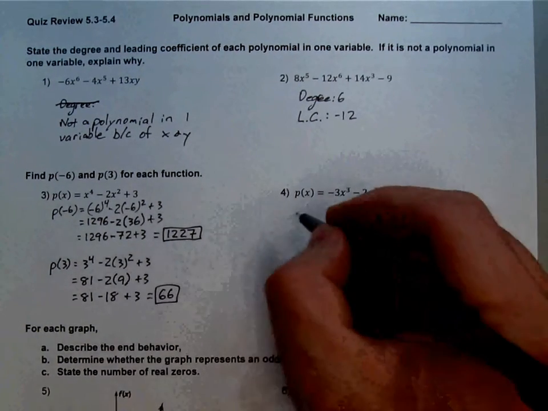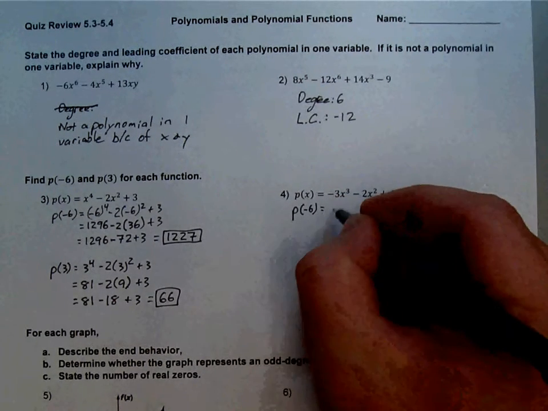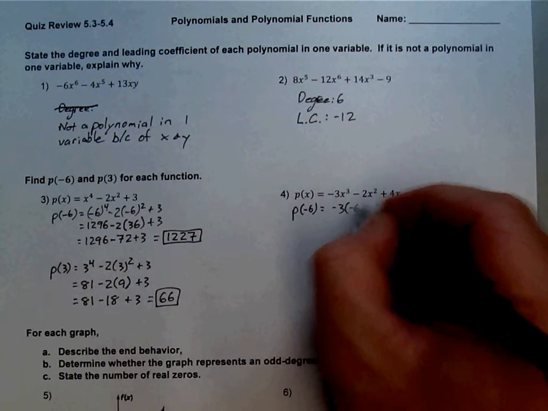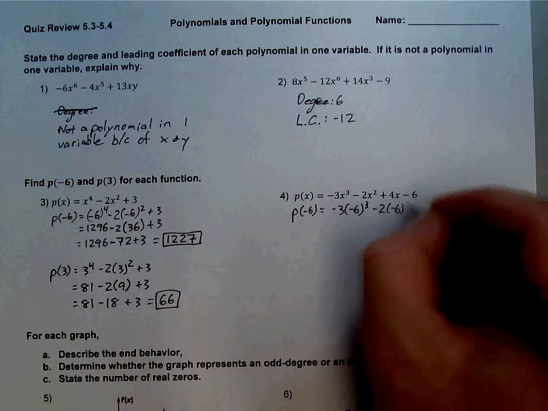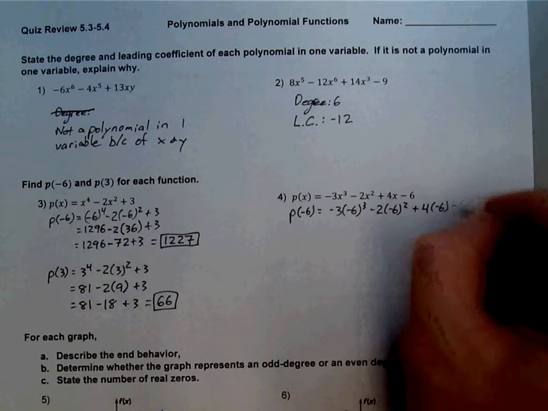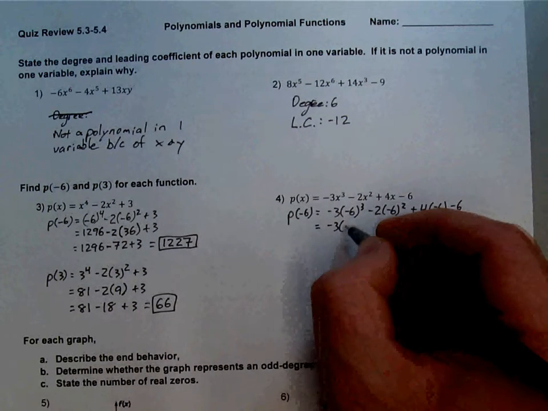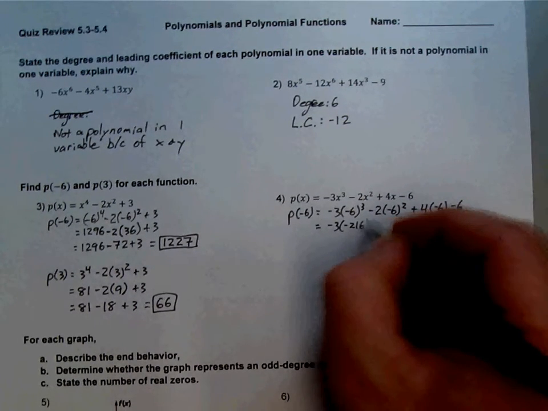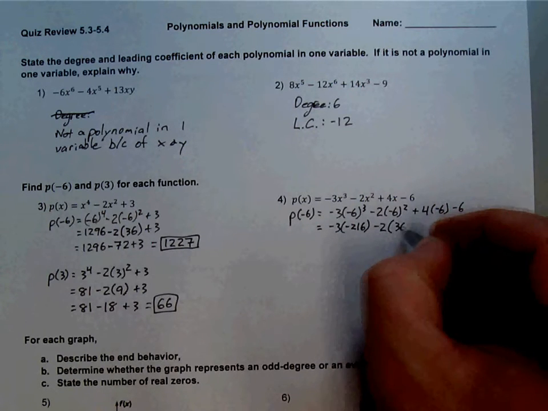Number 4, p of negative 6, and negative 3 times negative 6 cubed, minus 2 times negative 6 squared, plus 4 times negative 6, minus 6. Negative 6 cubed is negative 216. Negative 6 squared is 36.